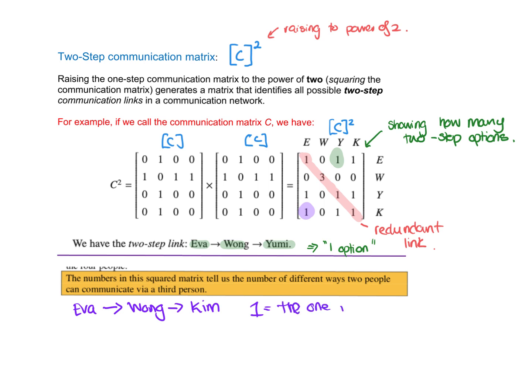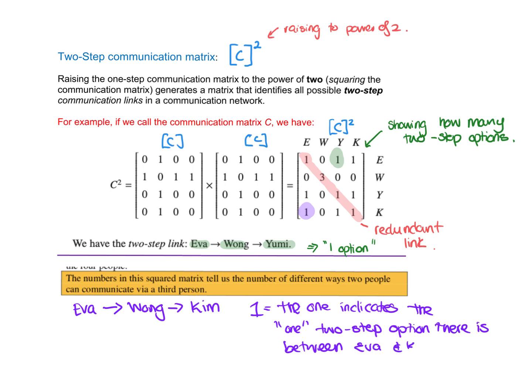The 1 indicates the 1 2-step option there is between Eva and Kim.